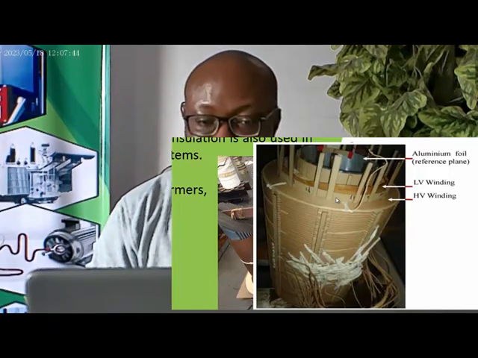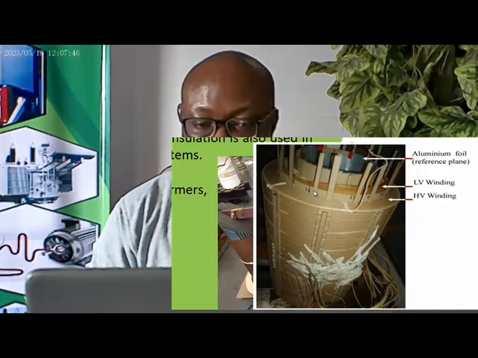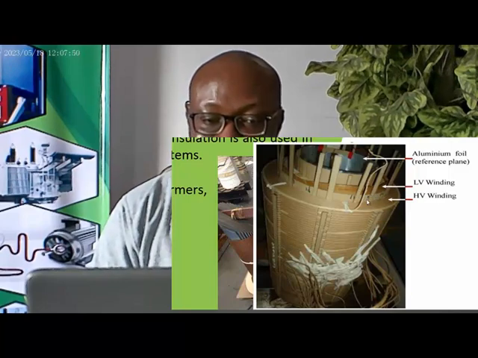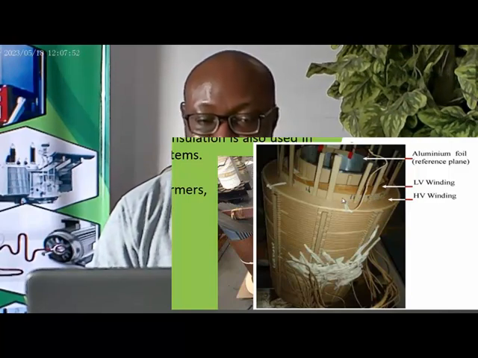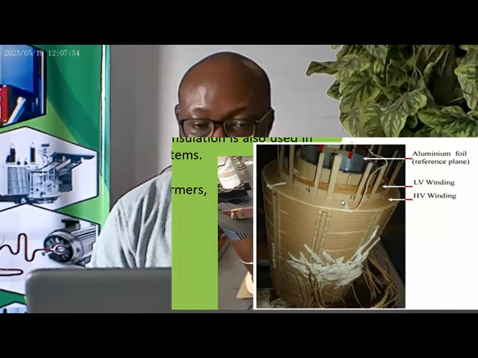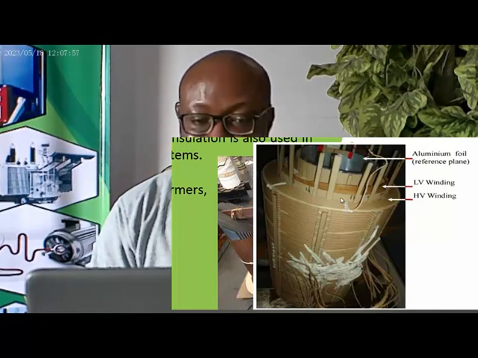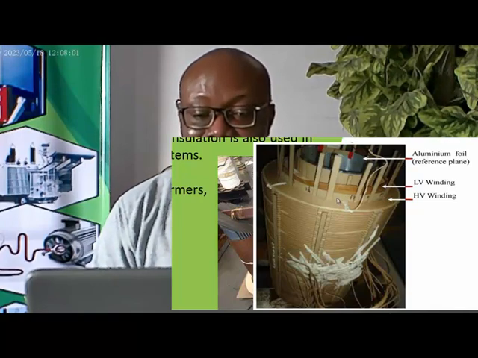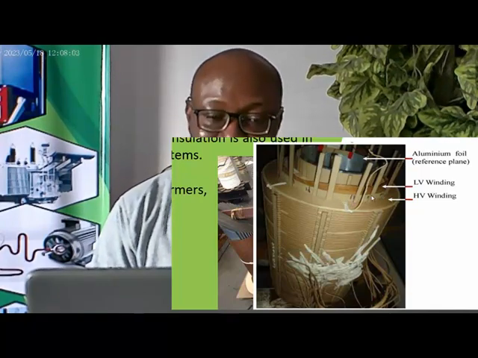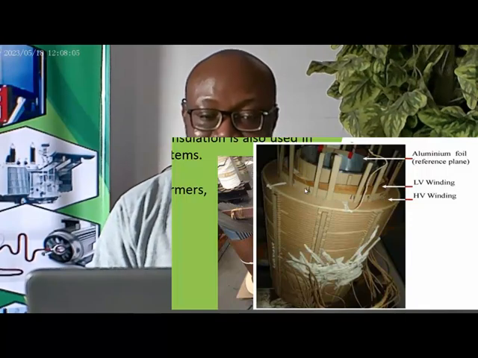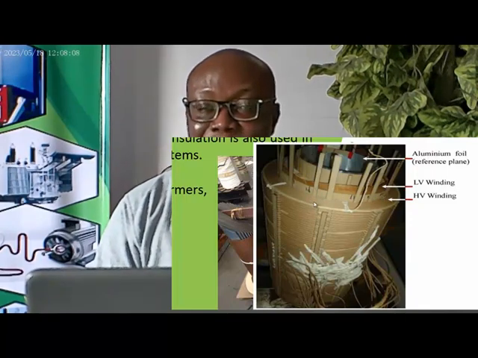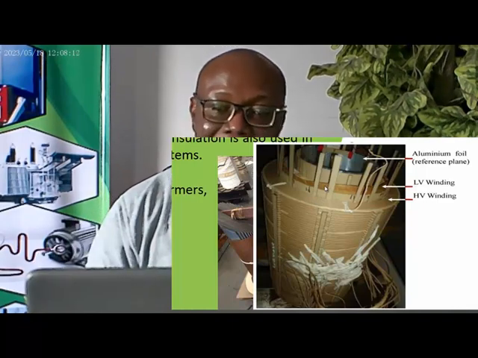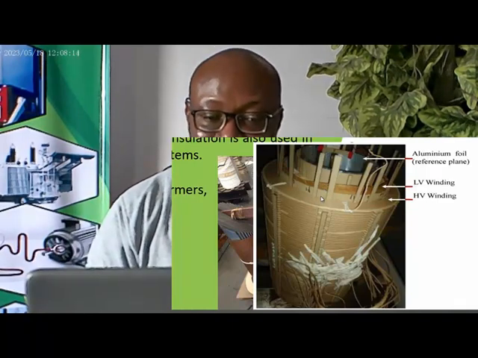Then between the low voltage winding and the high voltage winding, you see that there is a separation, an insulator, and this is an insulation bar too, and there is a space between it. Remember, this is an oil-filled transformer, which means oil will go into these spaces, further improving the insulation between the primary and the secondary of the transformer.